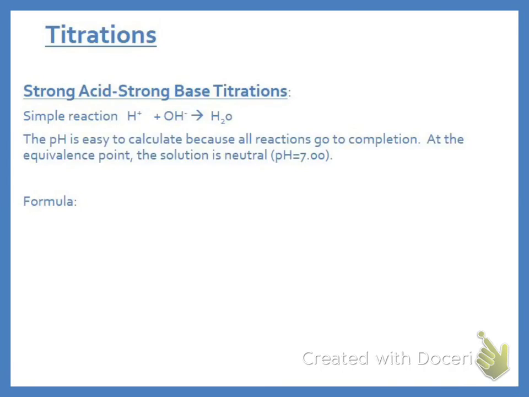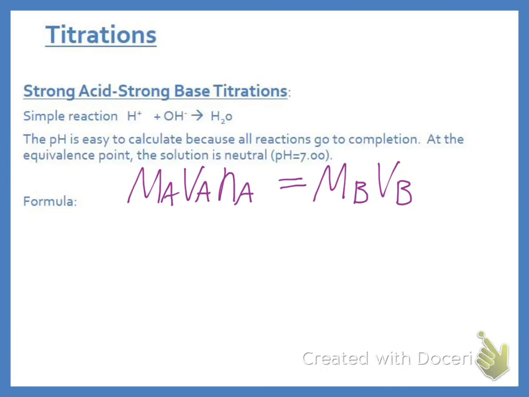It works. You get the same answer, but you have to understand the difference in the formula than the dilution formula. So the formula for this is MAVANA = MBVBNB.